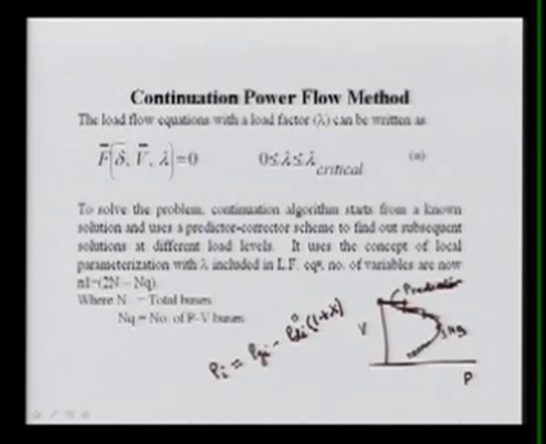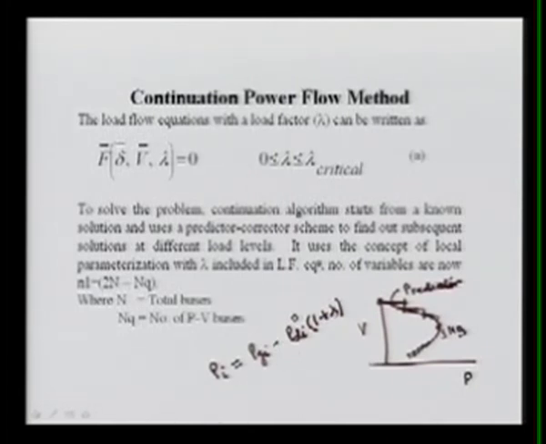If lambda is 0, it is the base case solution, the base case injection, and that is the starting point. Once lambda is increasing, the total demand at that bus is increasing by the factor 1 plus lambda.